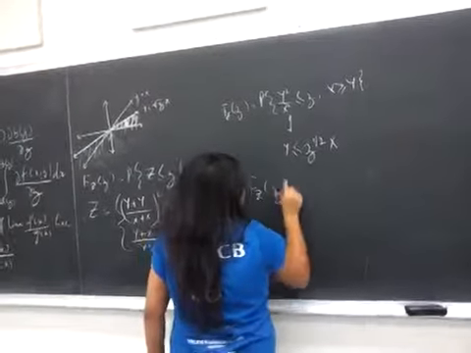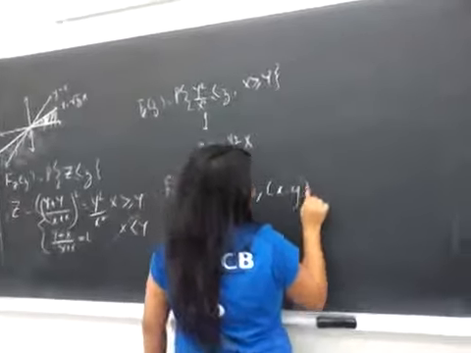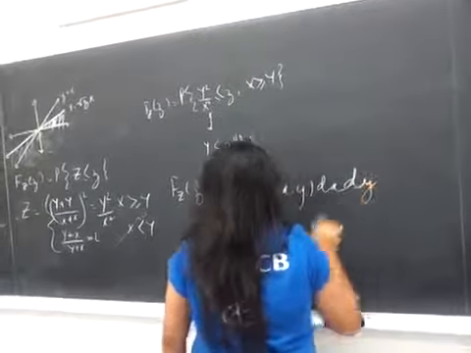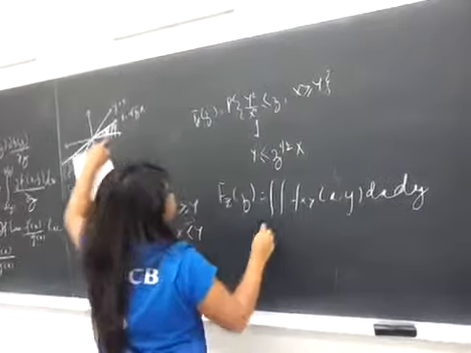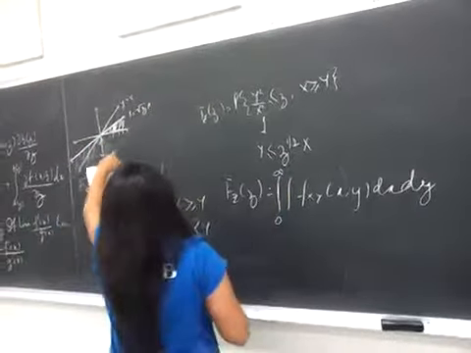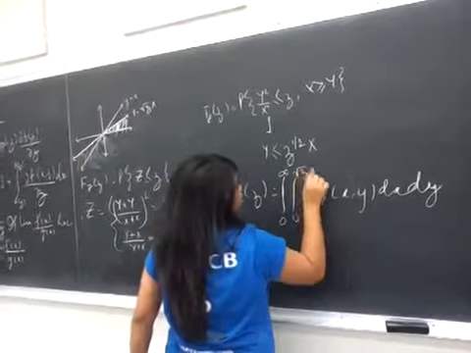F_Z(z) becomes the double integral of f(x,y) dx dy. Now, we can see that x moves from 0 to infinity, and y moves from 0 to root z times x.